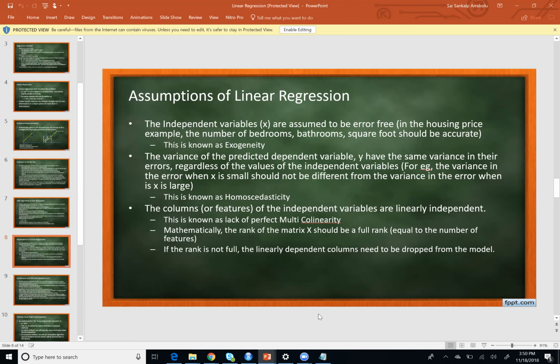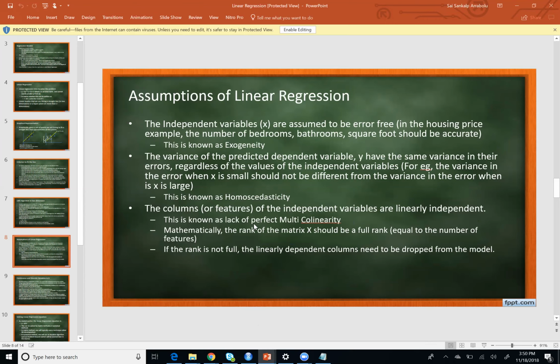We will see how R will tell us that. When we do the case study in R, it will actually tell you these variables are not independent of each other, please replace them. So one of the criteria is that all the columns or features of the independent variables are linearly independent.